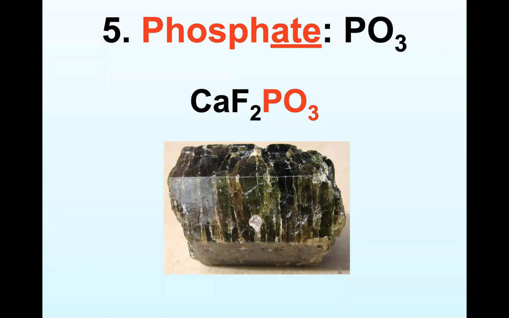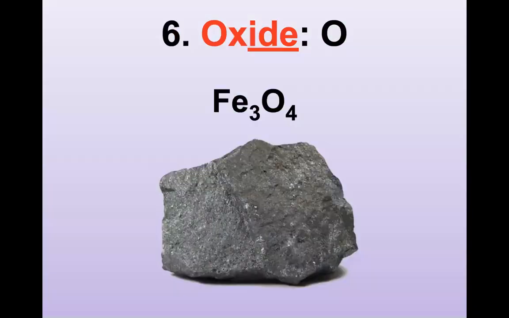All right, so on to the next pattern or subset. These are the ides. If there is a metal and then an oxygen, that's an oxide. The ox coming from oxygen, because that's what's combining with the metal, which in this case is iron. So metal and oxygen is an oxide.